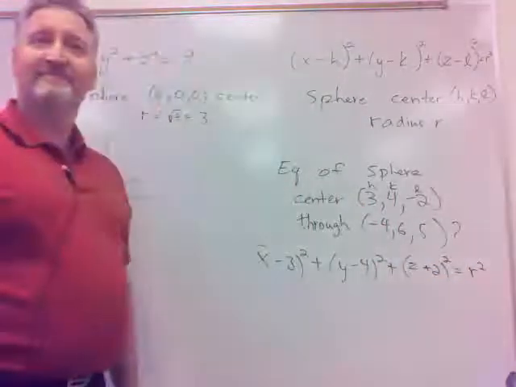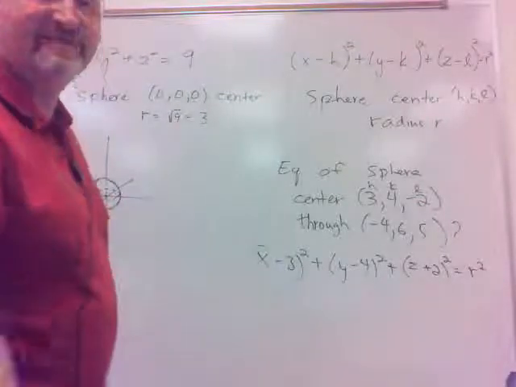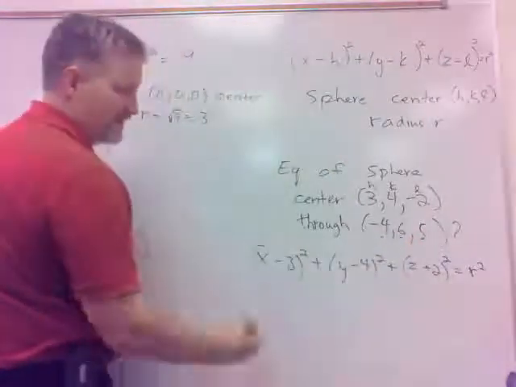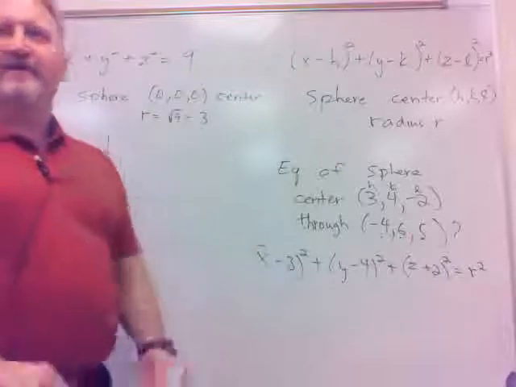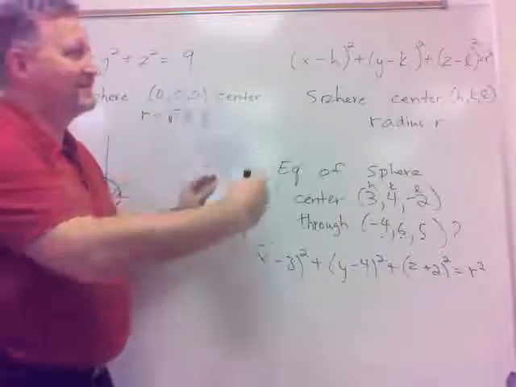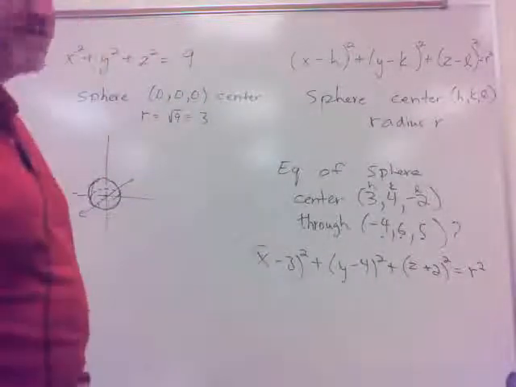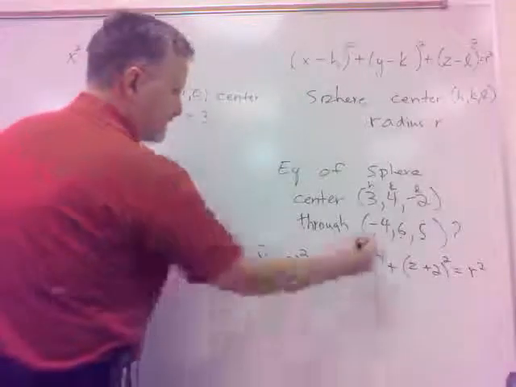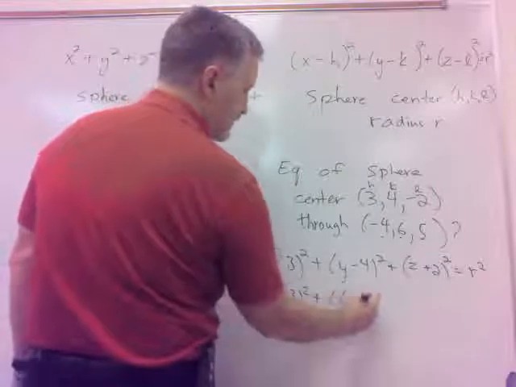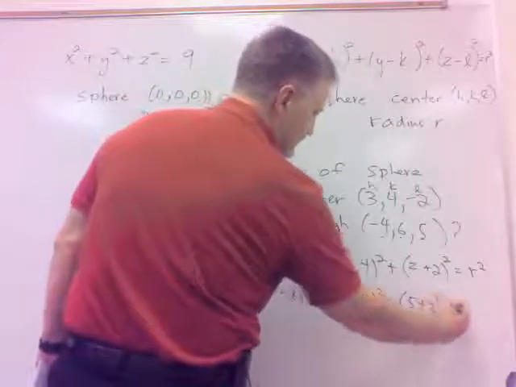And then to find out the r, we can use these points and substitute. A lot of times that's what we're going to do. We're just extending the 2-dimensional into 3 dimensions, and it's very much analogous in a lot of ways. So if we plug in the x, the y, and the z, we can figure out the r squared.